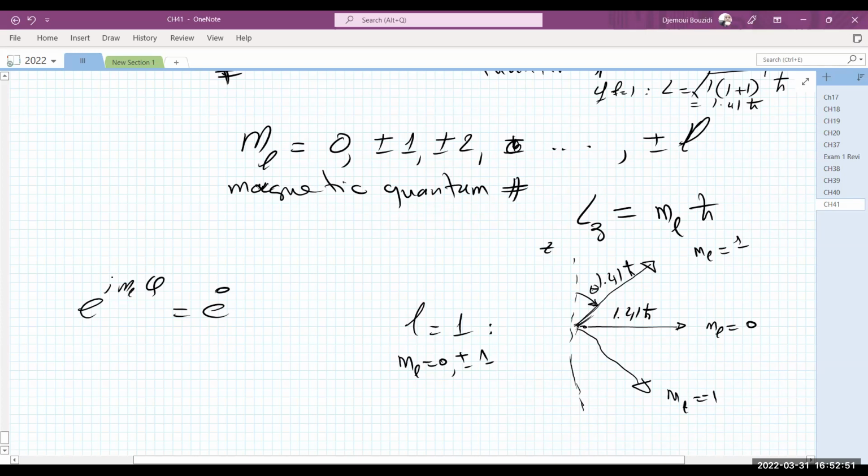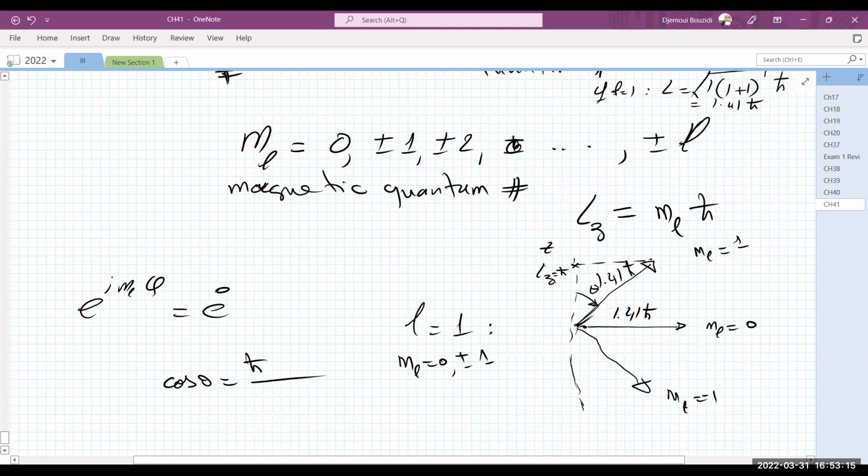Because this angle theta is equal to, so this is the projection in the Lz direction. So Lz is equal to ML times h bar. So this is h bar. And this angle theta, cosine of theta, for example, is equal to h bar, the adjacent, over the hypotenuse. Remember, the length of the vector L is determined.